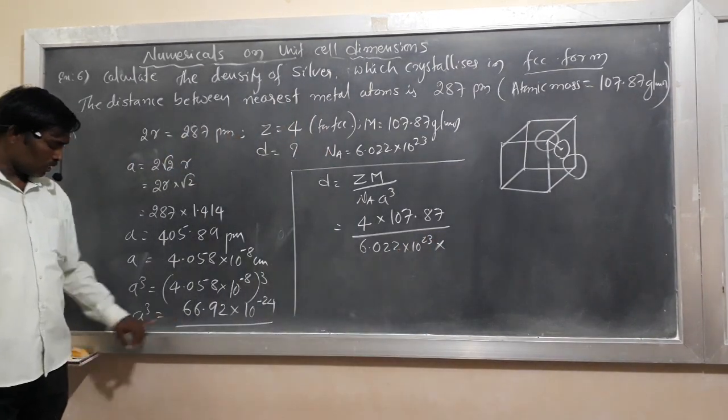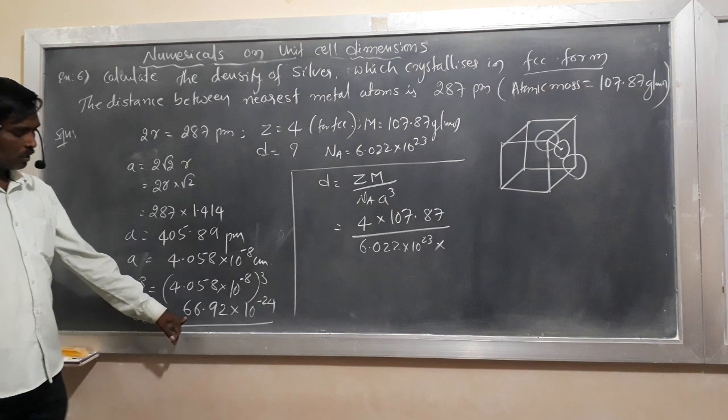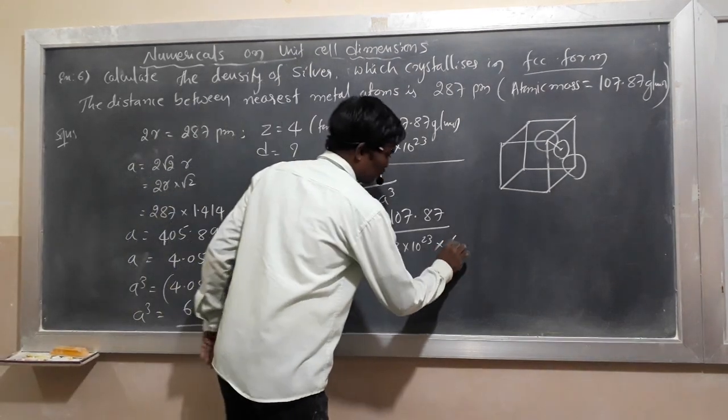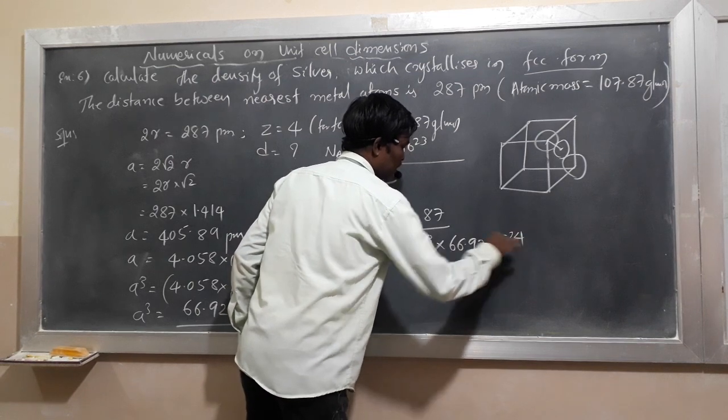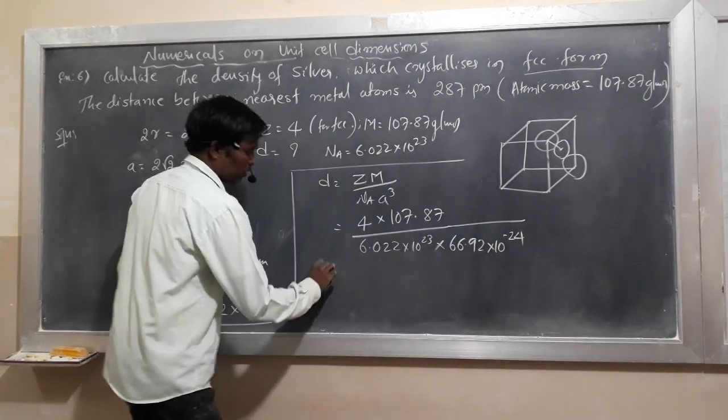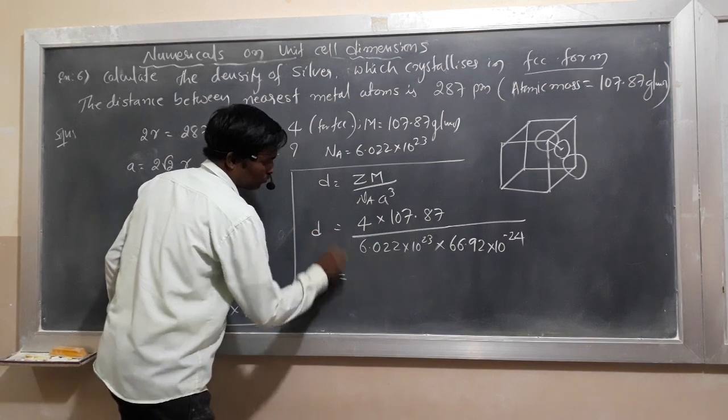Thus we calculated the a cube as 66.92 into 10 raised to minus 24, and density D equal to.